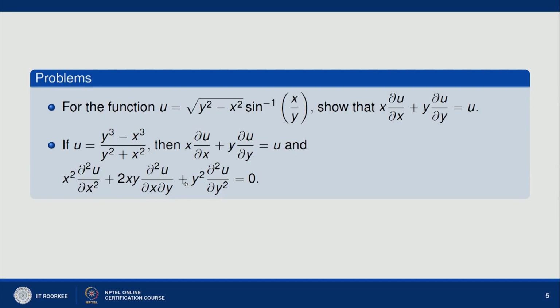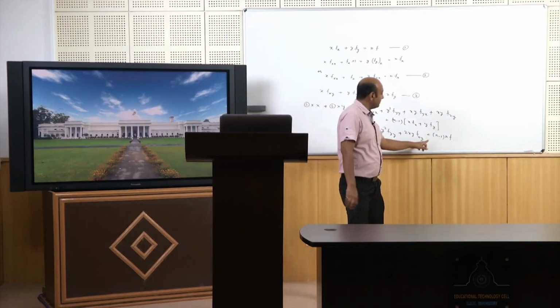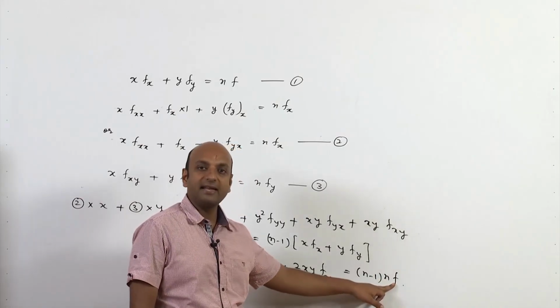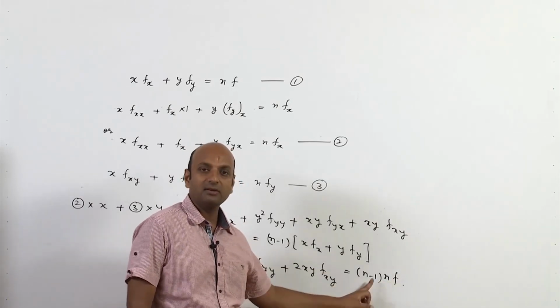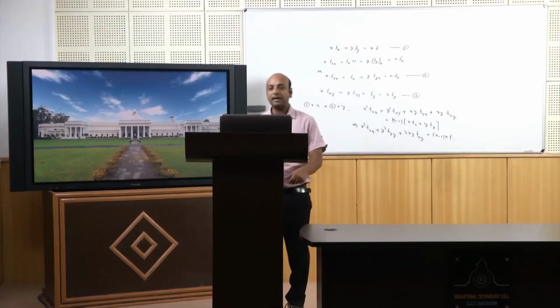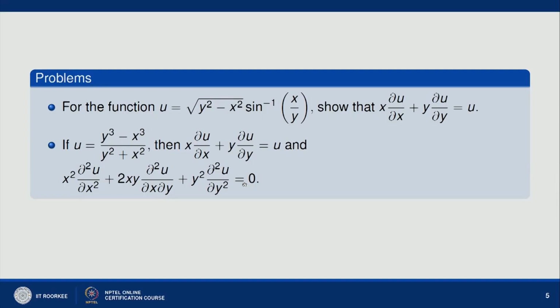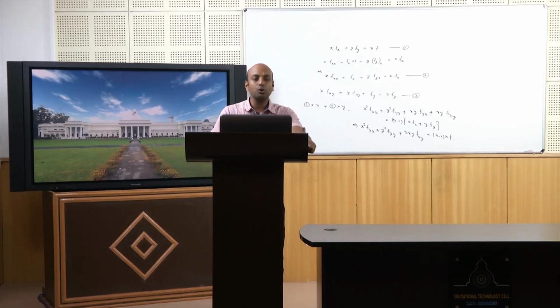And for the second part, x square uxx plus 2xy uxy plus y square uyy is equal to n minus 1 into f, and n is 1. So, when you substitute n equal to 1, this term will be 0, hence the right hand side is 0. So, this problem is also over directly by Euler's theorem.